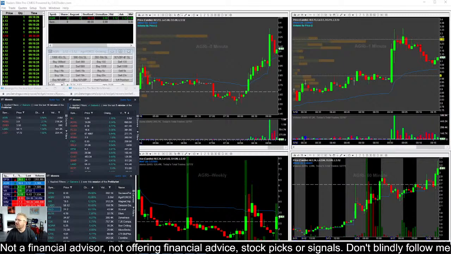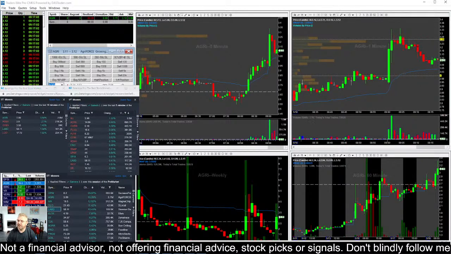Why a few stocks are selling off in tandem. AMC following suit. On the 2-minute, we've got a bit of a doji just formed here, which is a nice reversal indicator.